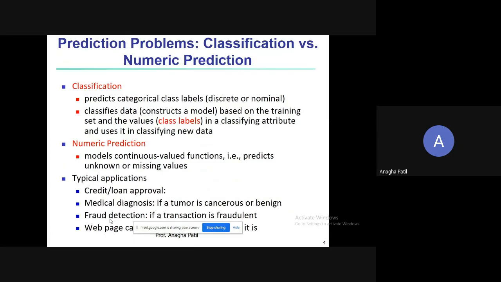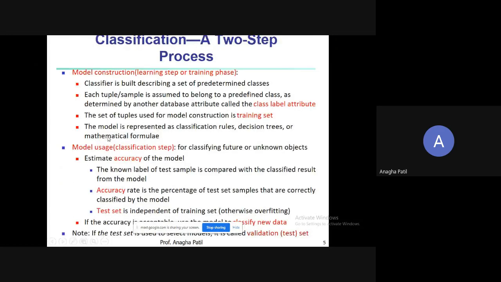And so on, there are many applications to this. What we basically do in classification is follow two important steps. The very first step is to construct the model, that is, to construct the classifier. This is called the training phase. Here a classifier is built describing a set of predetermined classes.